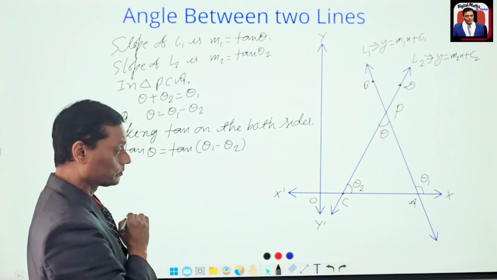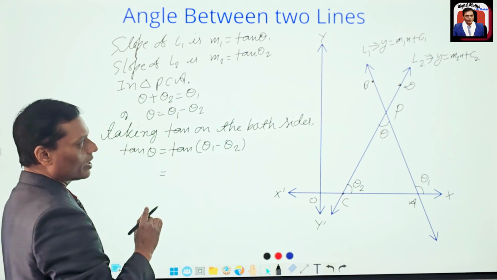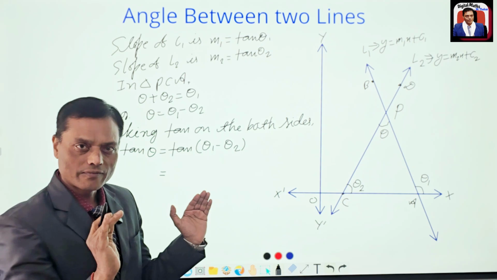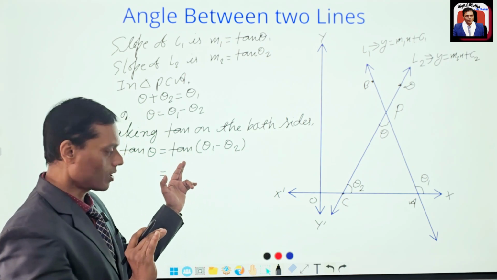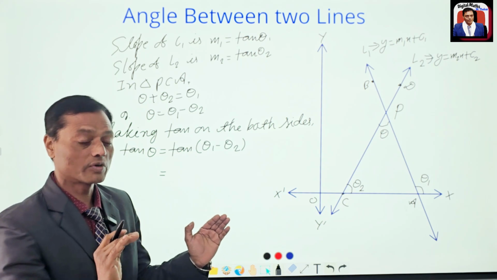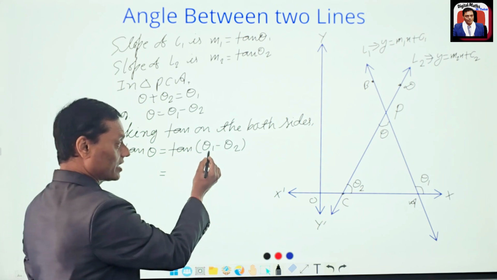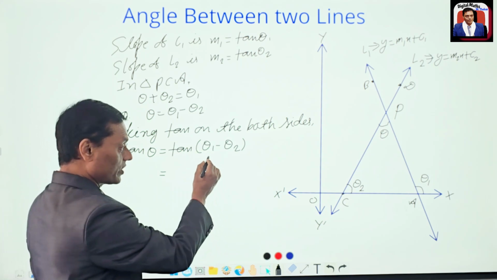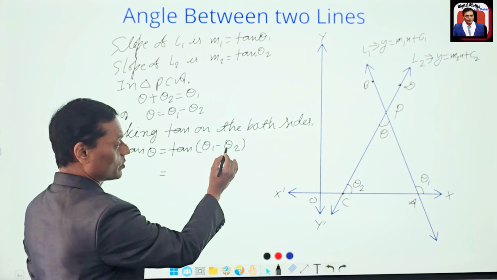Now we apply the compound angle formula of tan: tan of A minus B equals tan A minus tan B over 1 plus tan A dot tan B. In place of A we have theta 1, and in place of B we have theta 2.